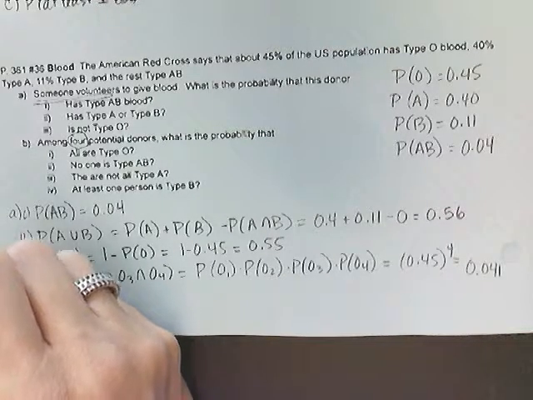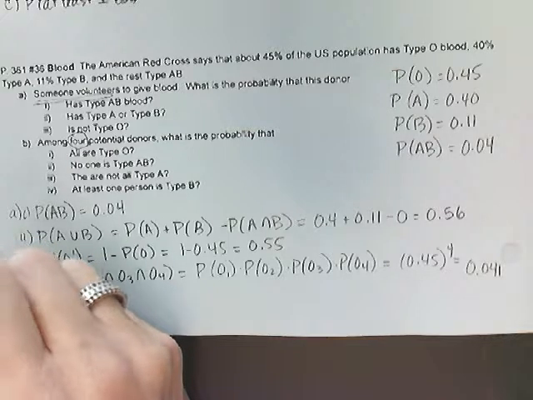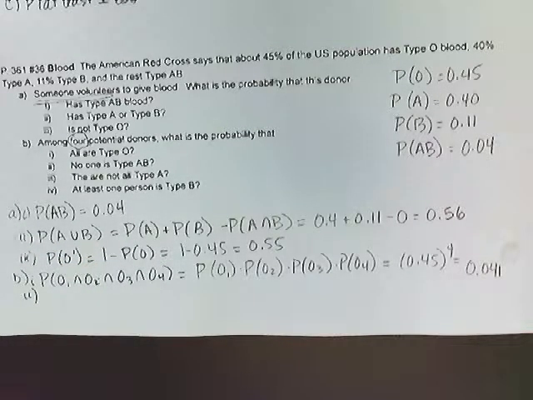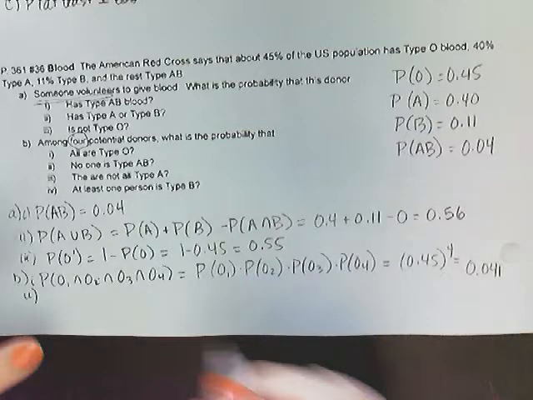All right, number 2. No one is type AB. So what do I need to do for that? Well, I'm multiplying 4 probabilities, and what do each of those probabilities need to be? Not AB, right? I don't care what they are, they just can't be AB.